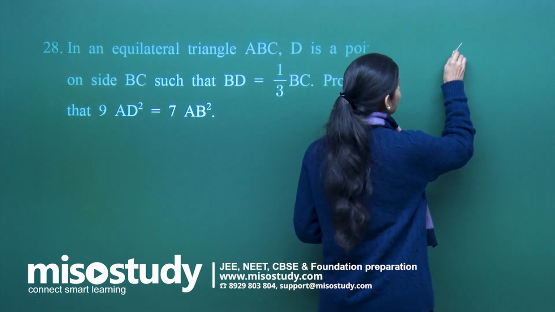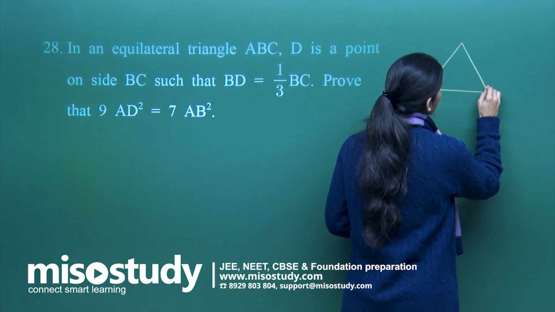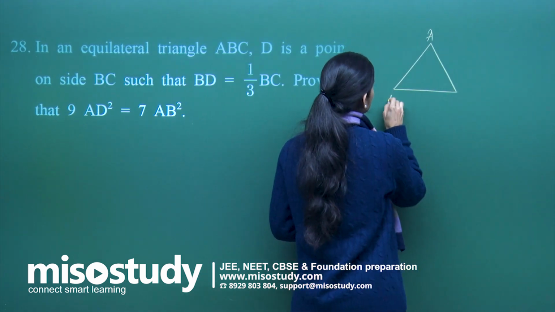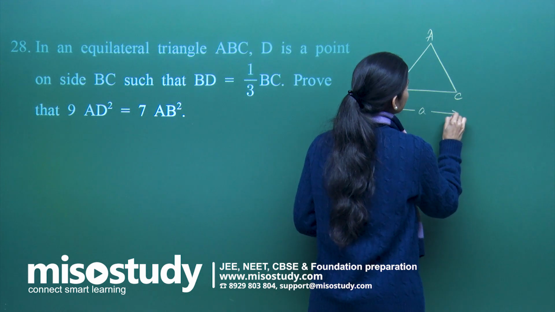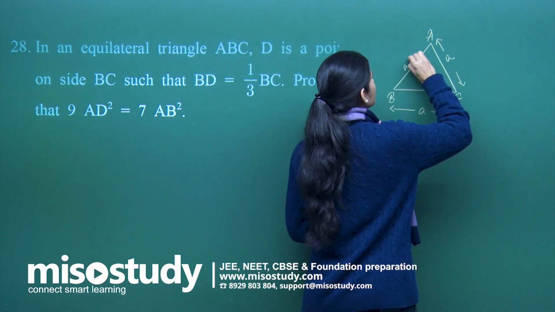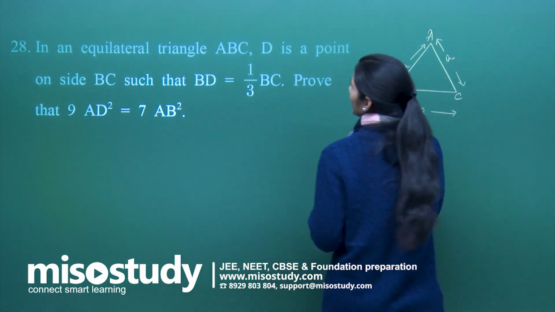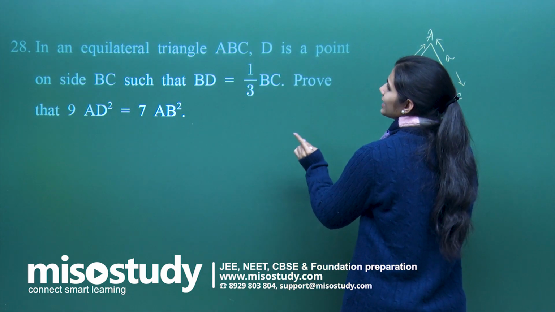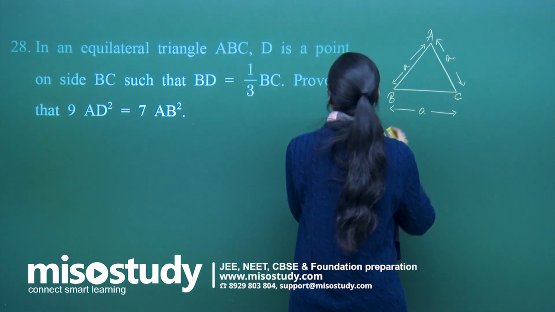So you have a triangle ABC, and this is an equilateral triangle. I am saying each side is of the same length, and the length is a. From A, D is a point on side BC such that BD is 1/3 of BC.